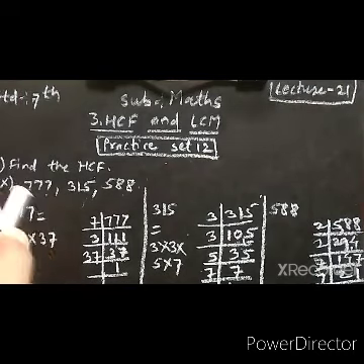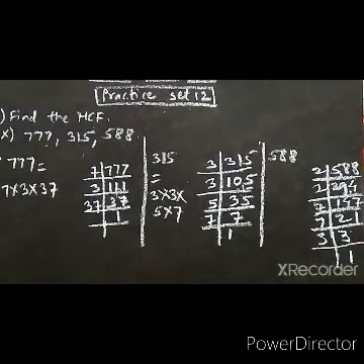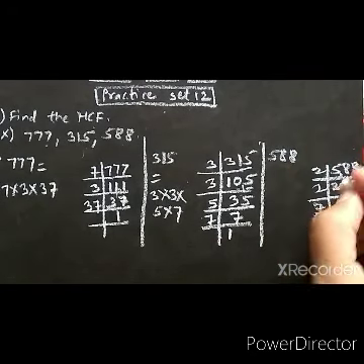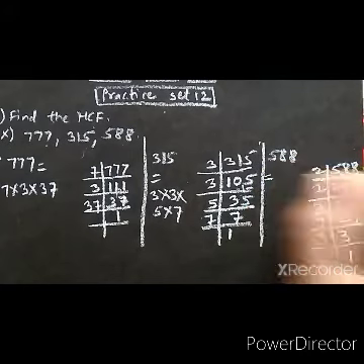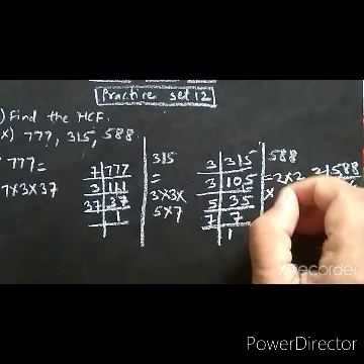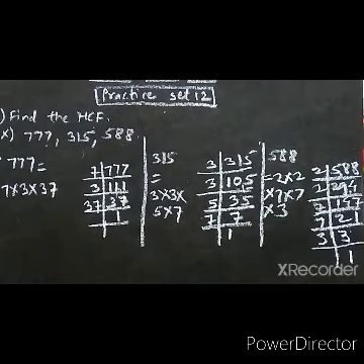So these are the factors of 588. So we can write the factors of 588, that is 2 into 2 into 7 into 7 into 3.